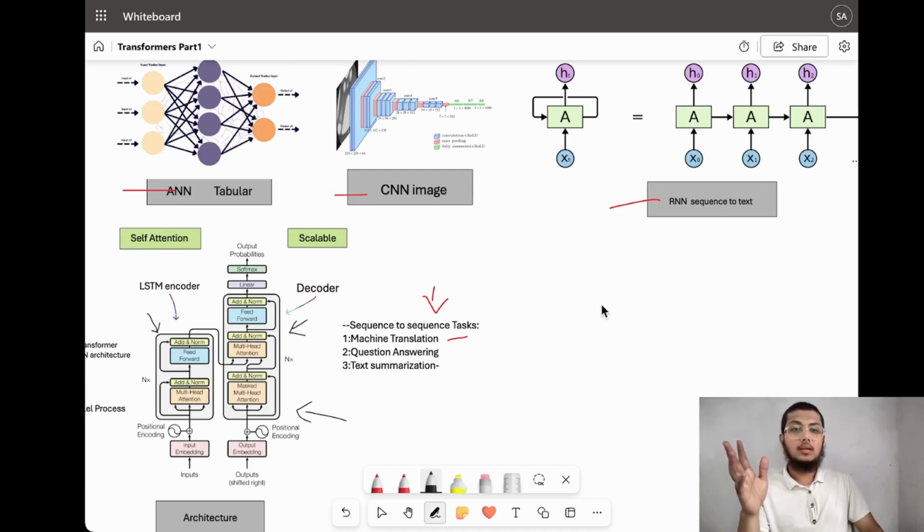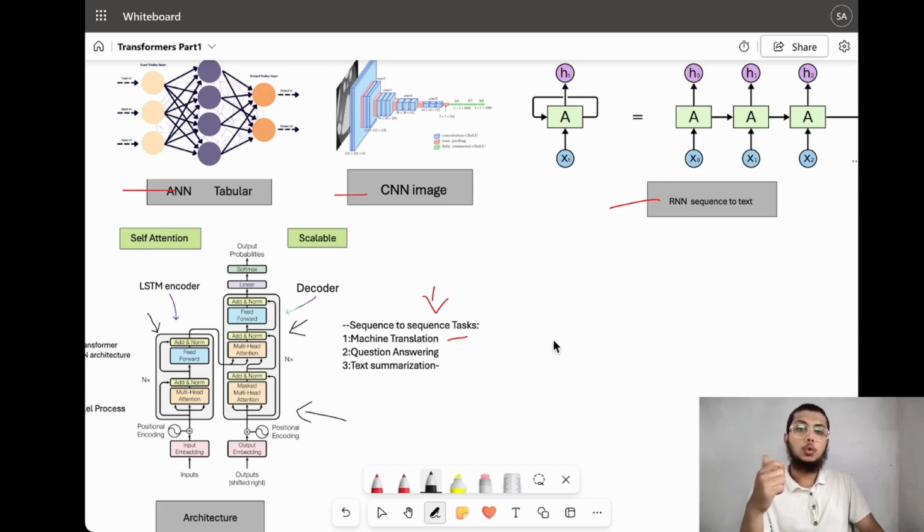Transformers is basically a neural network architecture which was created to handle sequence to sequence tasks. And just like the previous sequence to sequence architectures, here also there is an encoder and decoder. But here you do not use LSTM, which was used in the previous architecture.